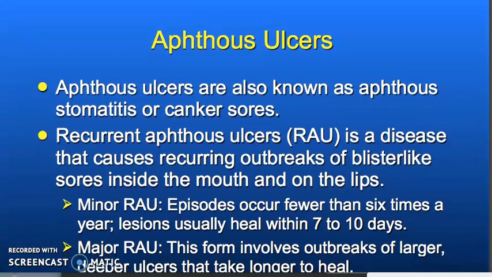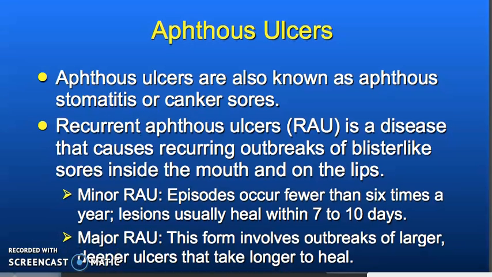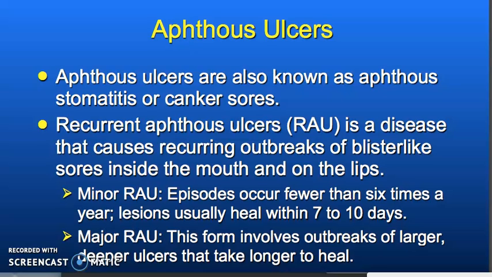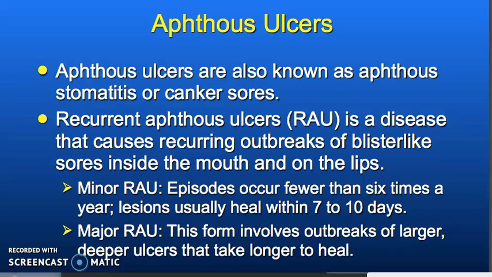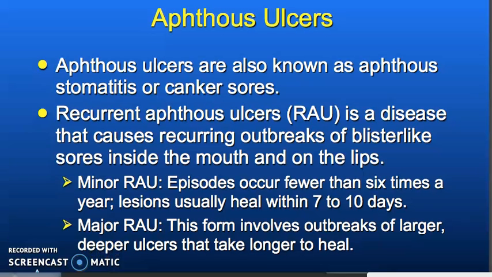Okay, so going from candidiasis, let's look at the word aphthous ulcers. Aphthous ulcers are also known as aphthous stomatitis or canker sores. This is what a lot of people call it, just like they'll typically say, I have an ulcer in my mouth. There are a lot of different speculations as to what causes the ulcer, and we'll talk about that.